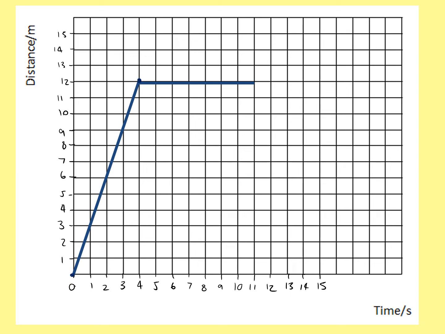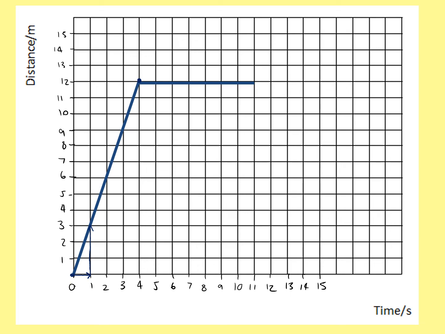Now, speed is how many metres something travels every second. So the first thing I would do is go across to 1 second and then go up and see how many metres that object has travelled in that 1 second, and they've gone 3 metres.